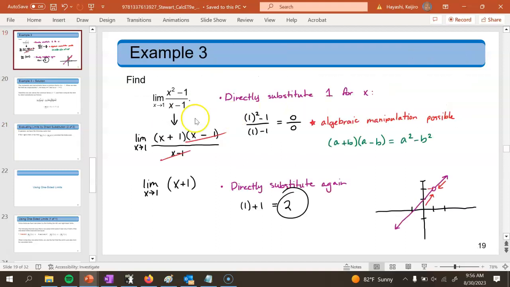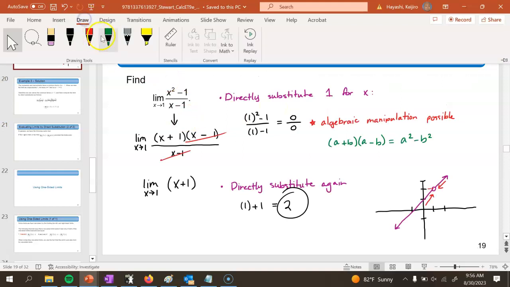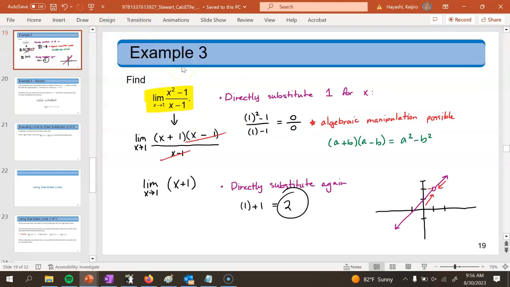The way that we did that was we were trying to find the limit of this, but we use the limit of this instead to find it. And these two that I've highlighted are equal to each other everywhere, except specifically at x equals 1. But since they only differ at a point, the limit of x plus 1 tells you the limit of x squared minus 1 over x minus 1.